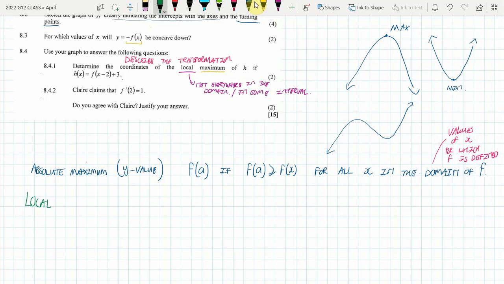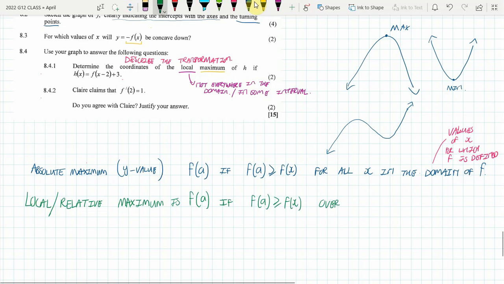So, the local or relative maximum: we will say f(a) is a local maximum if f(a) is greater than all f(x) over some interval in the domain of f.